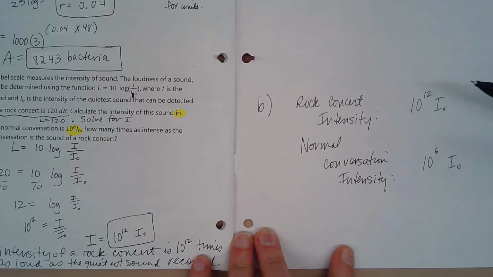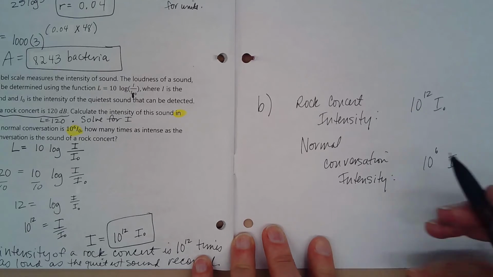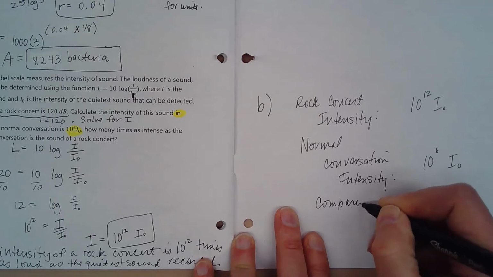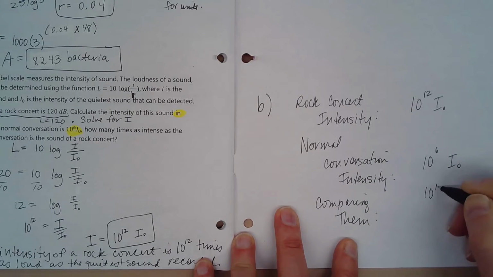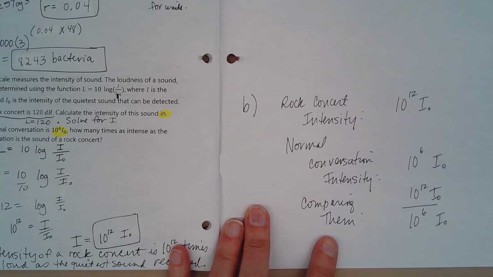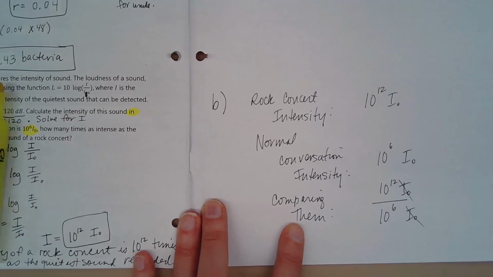How many times more powerful is this than this? We're comparing two things, so we compare them in a ratio. We get 10 to the 12 I0 over 10 to the 6 I0. The I0s are the same number, whatever they represent, so they just cancel out.